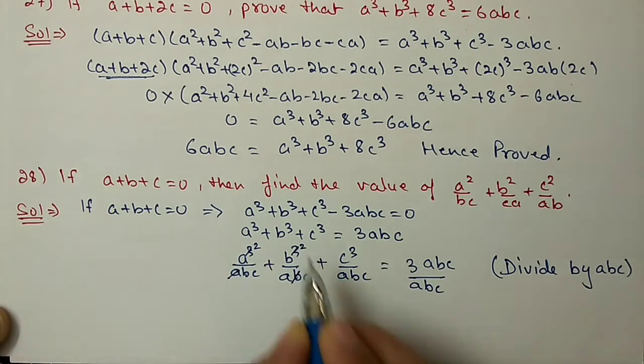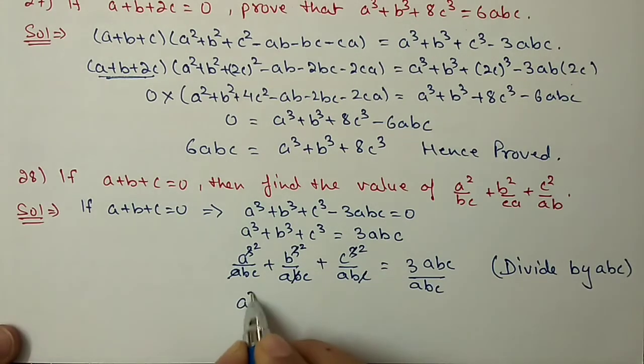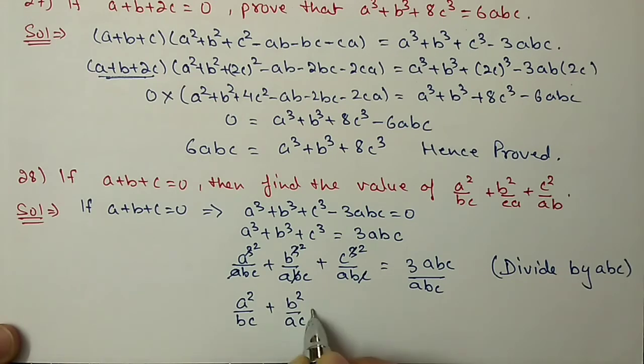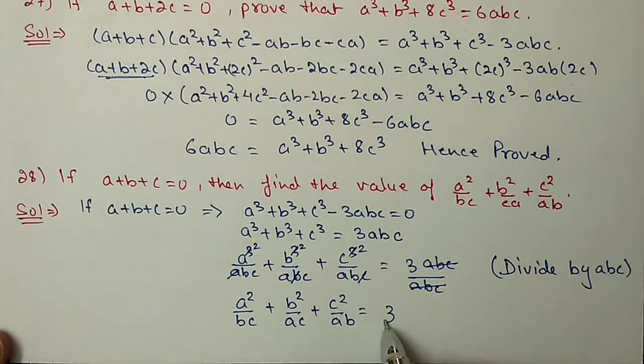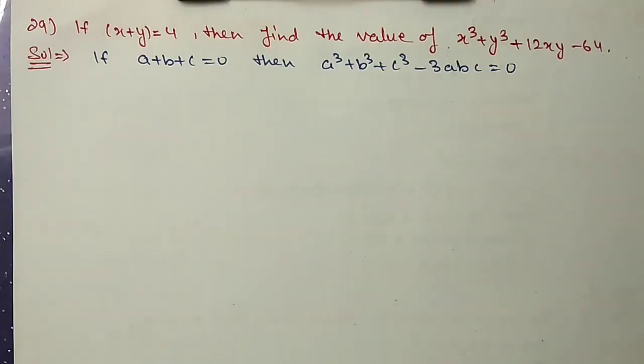Similarly b we can cancel, b square, and c we can cancel, c square. So we have a square by bc, b square by ac, c square by ab, which is equal to, here abc and abc will cancel out, equal to 3. So the value of a square by bc plus b square by ac plus c square by ab is equal to 3.